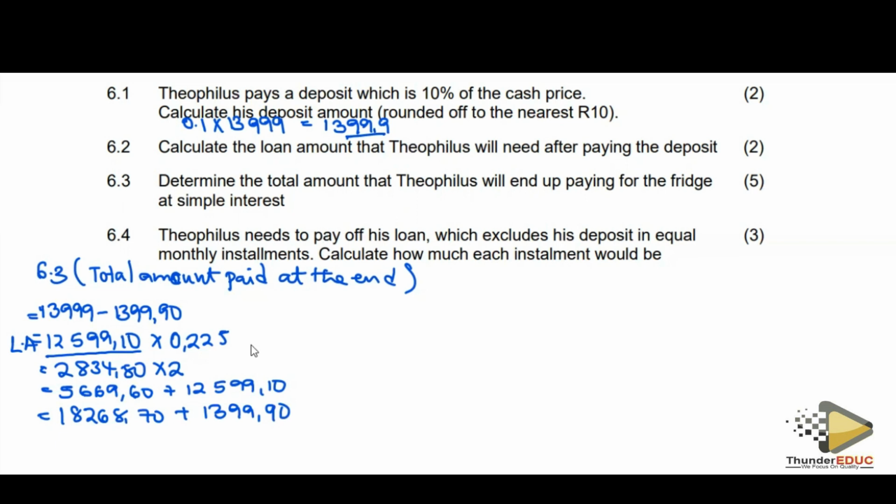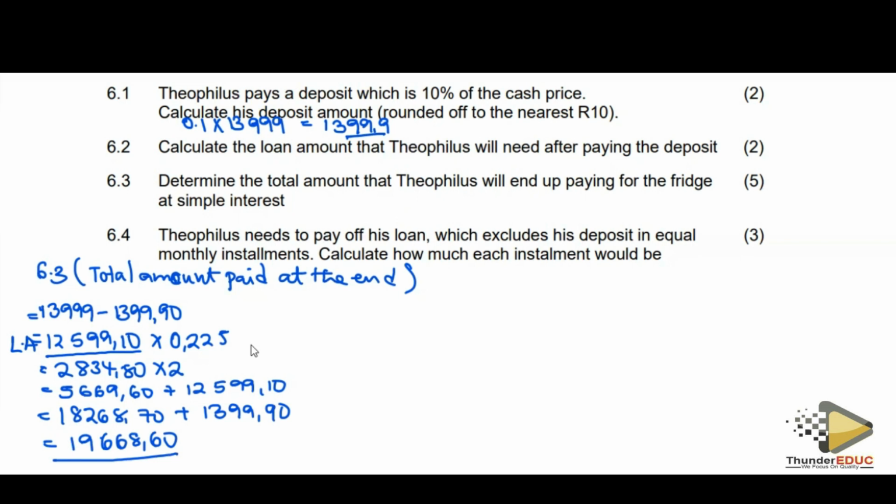As you add the deposit, it comes to 19,668.60 cents. This is the total amount one will pay in the 2 years.